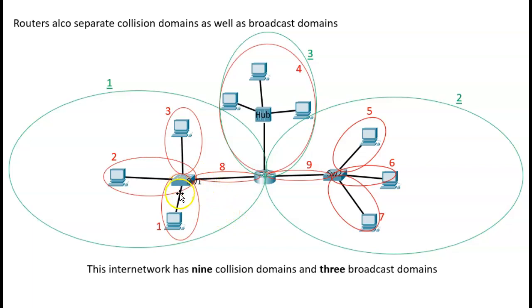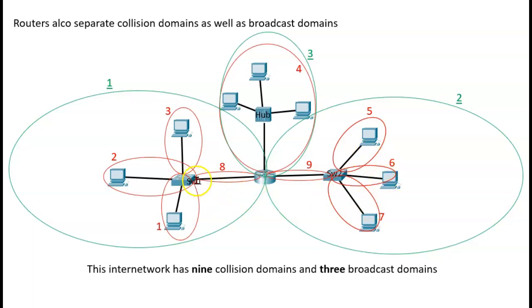So let's count them. Every port off of a switch is its own collision domain. So I've got 1, 2, 3. This is all one collision domain up here because that's a hub, so that creates one collision domain. So that's 4. Off of this switch, I've got some more, 5, 6, 7 off of those.